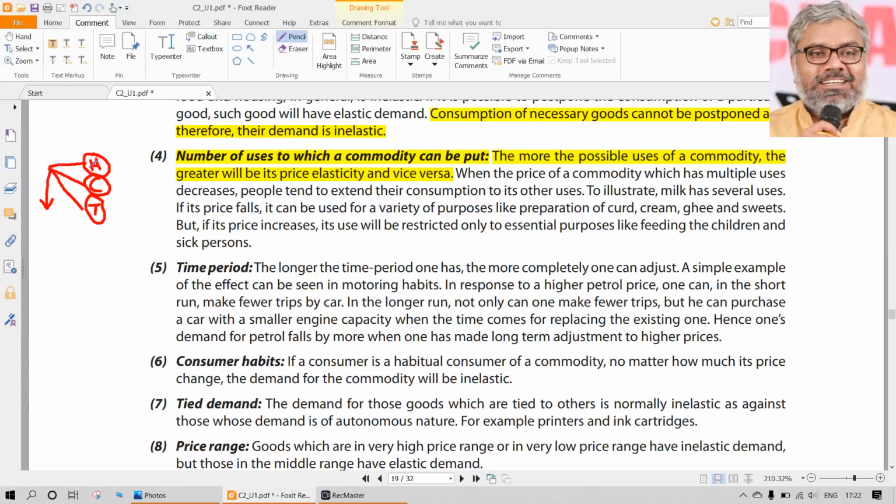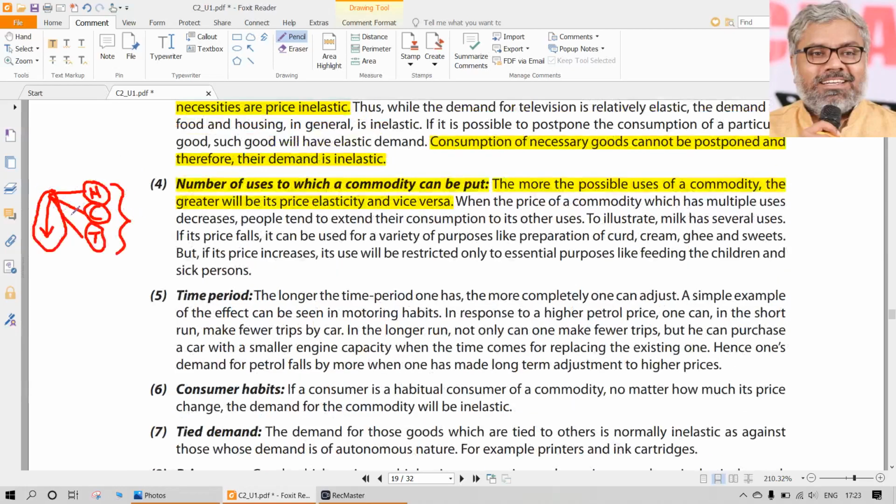But our job here is to know, okay, the price has reduced. Fine. If the price has reduced, what is the impact on the elasticity of demand of that product? Is it going to be more elastic or less elastic? If that product has multiple uses like this, it will be more elastic, because people start consuming it not only for one purpose, but for many purposes.